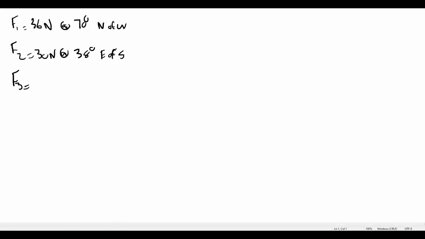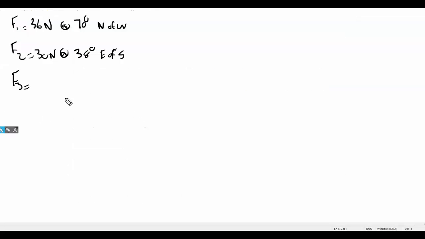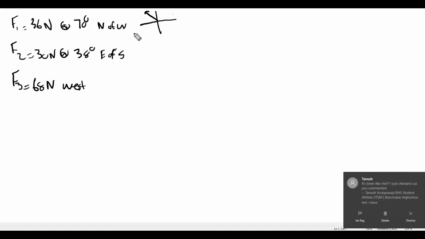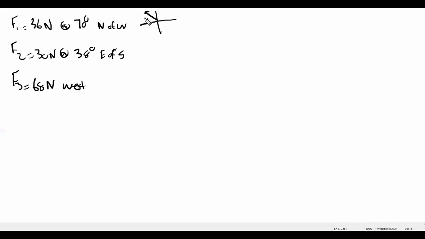Okay, so let's start with the first part of the question. The first part of the question asks you to sketch each of the three vectors. Okay, so F1, 70 degrees north of west, would look something like this, where that is 70 degrees and the magnitude is 36.